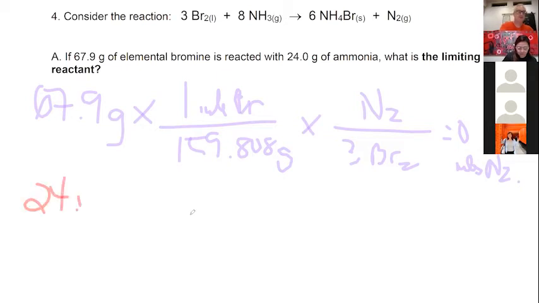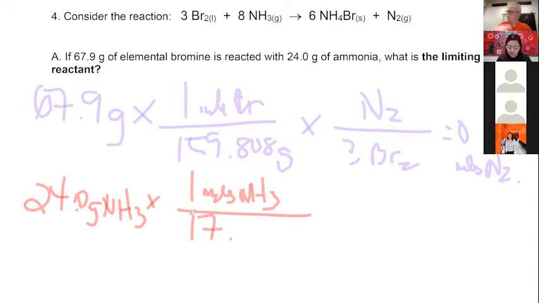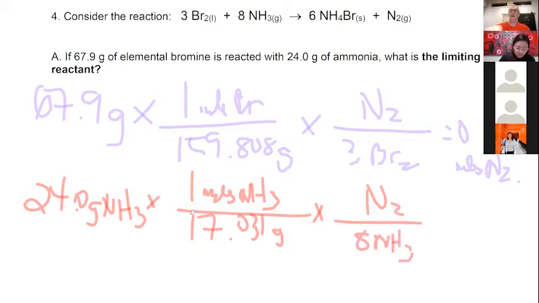So 24 grams of ammonia times 1 mole of ammonia over 17.031 times 1 over 8. Yeah, I had stupidly put a 4 here when I was balancing, forgetting that there is nitrogen there.